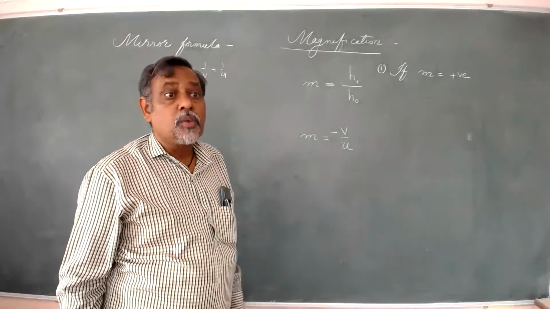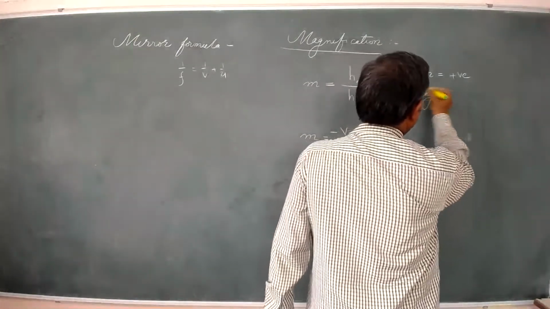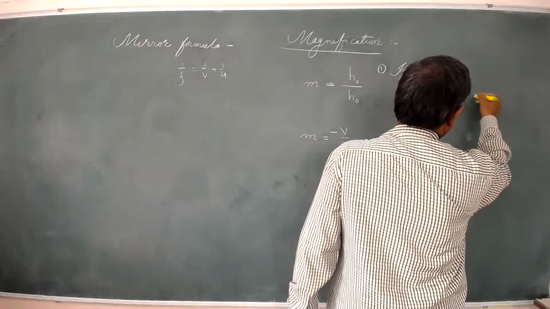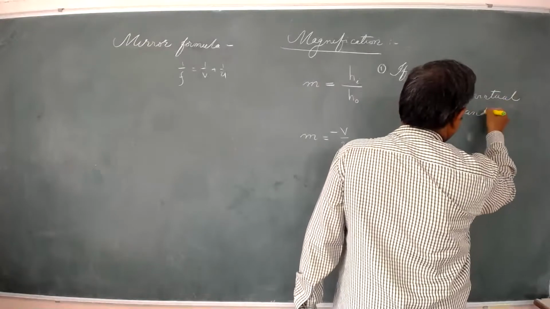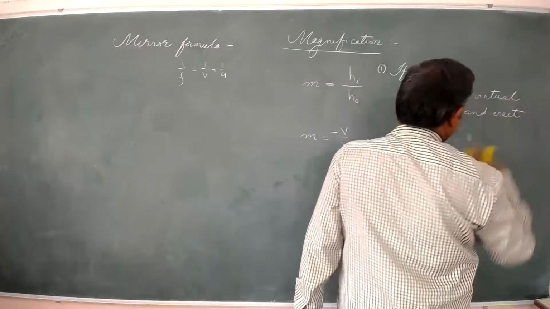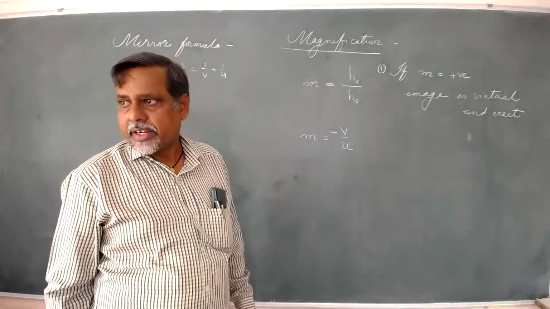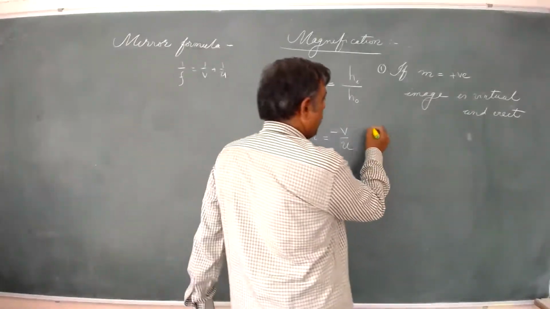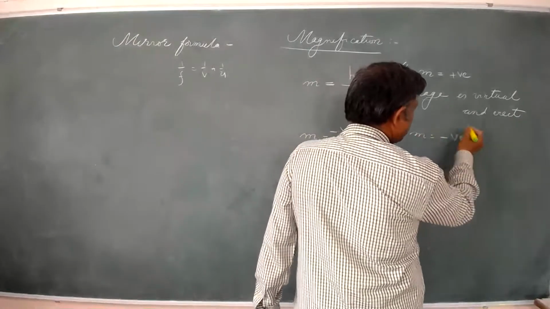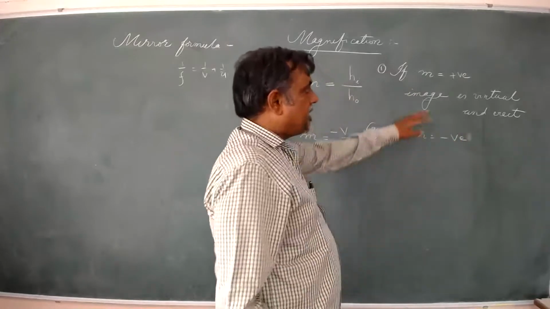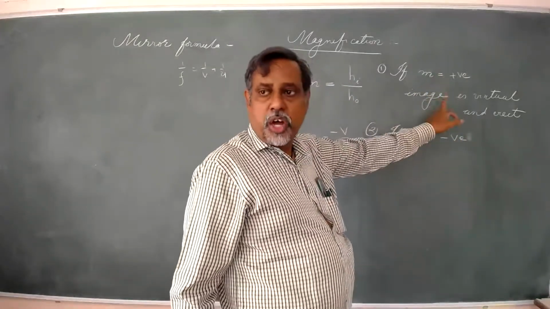The image is virtual and erect. Image is virtual and erect if magnification is positive. So in any problem, if you get magnification as a negative value, is the image magnified? Is the image diminished? Is the image of the same size?